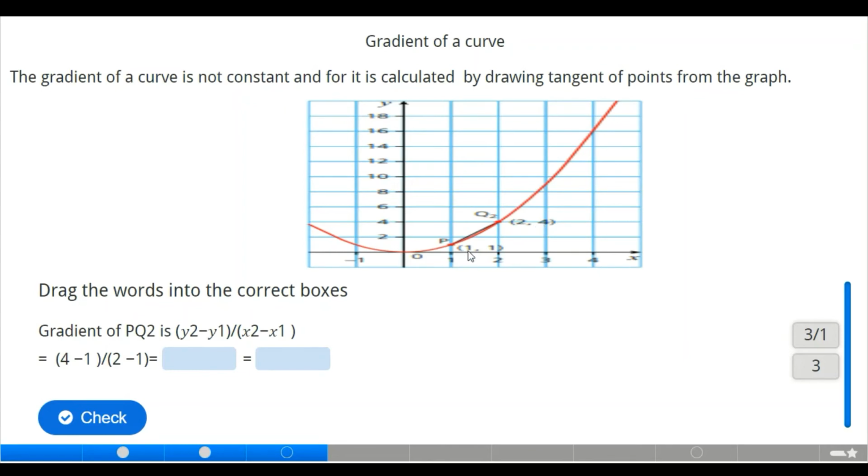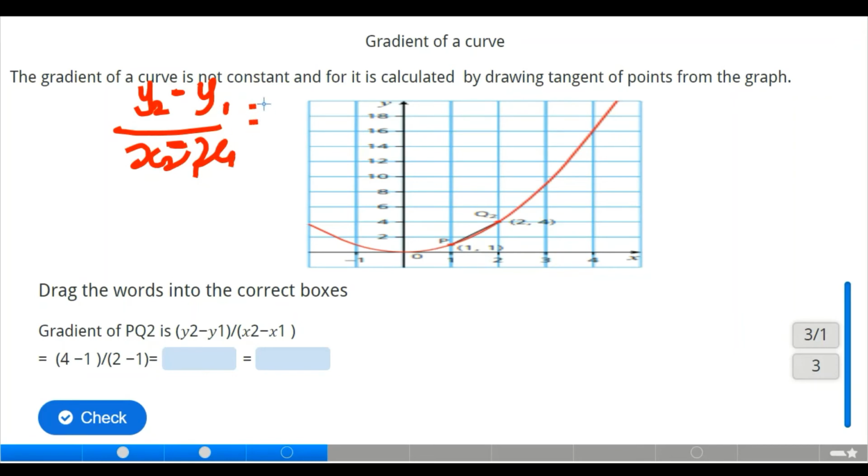And P is what? (1, 1). x1 is 1 and y1 is 1. We use the formula for calculating gradient, which is y2 minus y1 divided by x2 minus x1. We can actually say change in y divided by change in x.